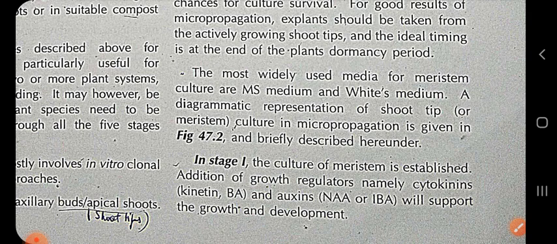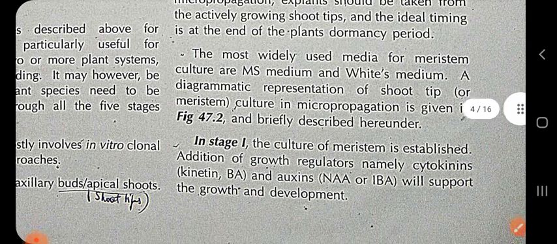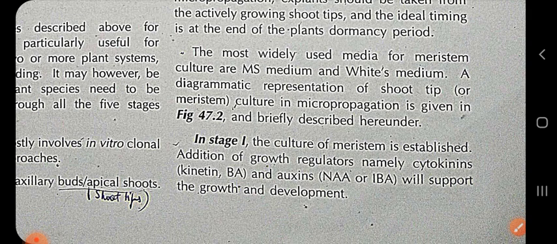Addition of growth regulators like cytokinins, for example the cytokinins kinetin and BA, and some auxins like alpha naphthalene acetic acid and indole butyric acid can be used, which will help their growth and development. These are used in the culture medium so that the plants are able to obtain nutrients and grow in the culture medium.